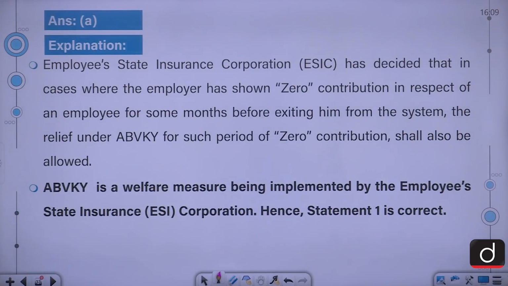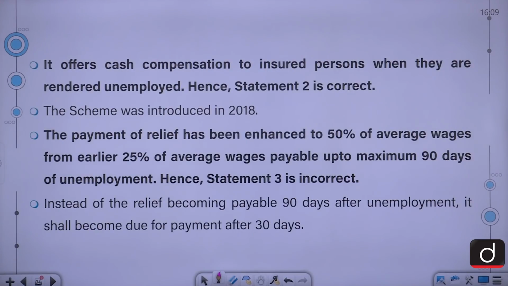Moving on to the explanation, Employees State Insurance Corporation has decided that in cases where the employer has shown zero contribution in respect of an employee for some months before exiting him from the system, the relief under ABVKY for such period of zero contribution shall also be allowed. ABVKY is a welfare measure being implemented by the Employee State Insurance Corporation, and it offers cash compensation to insured persons when they are rendered unemployed.